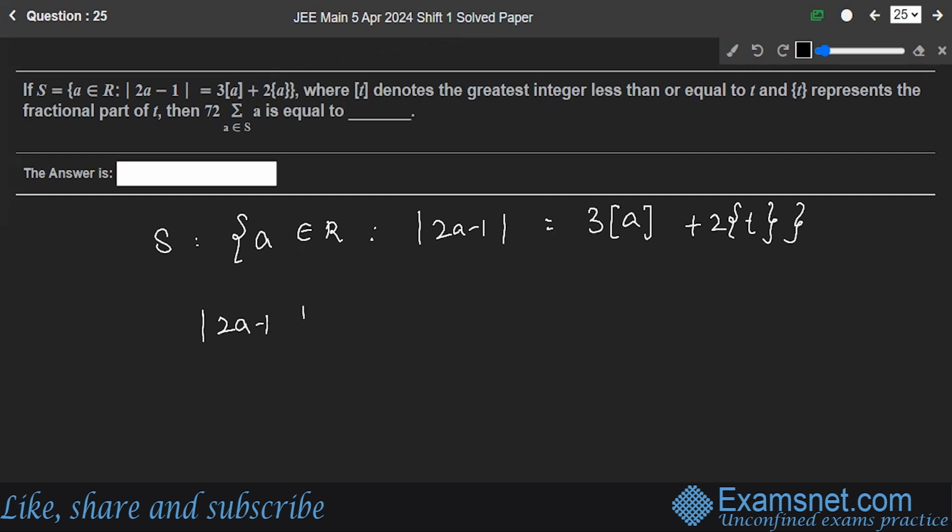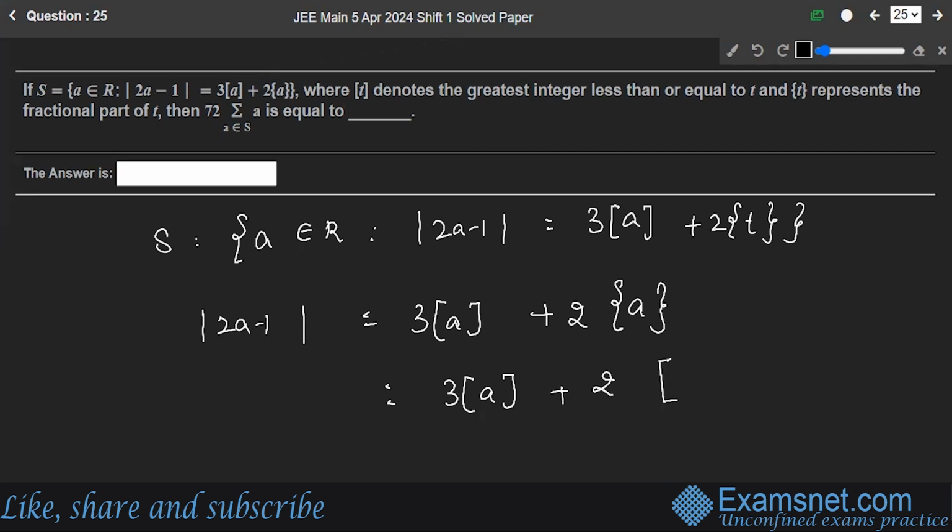You have 2A minus 1 is equal to 3 this plus 2A. Right. This fractional part can be written as A minus the greatest integer, right?